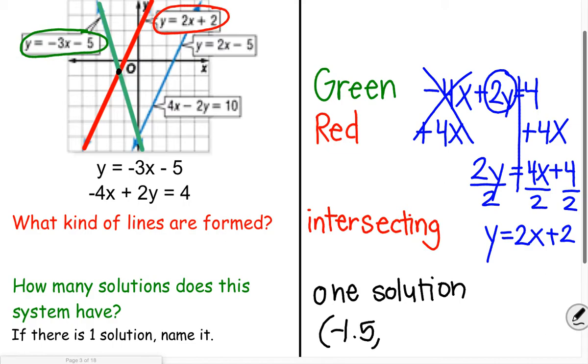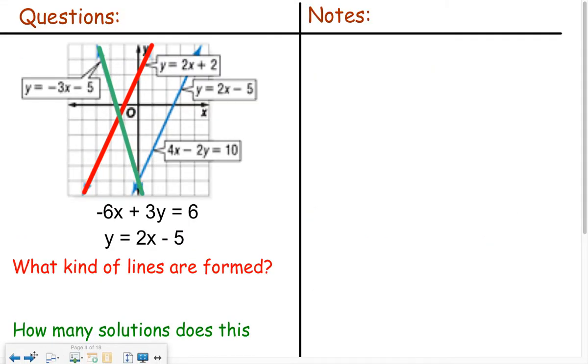And then we're going down about 1/2, so we'll say negative 0.5. So it intersects, not in a nice ordered pair, but I think we ended up with something close enough. So the green line and the red line are intersecting, one solution at the ordered pair negative 1.5, negative 0.5.